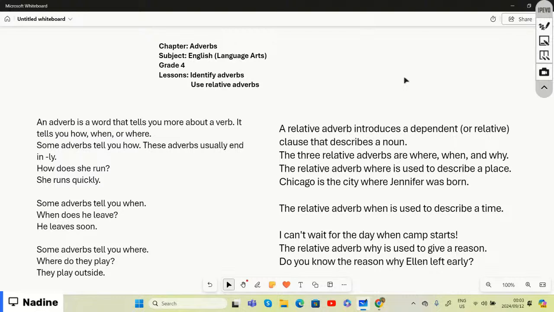The lessons that we are going to be focusing on under the chapter of adverbs are to identify adverbs and to use relative adverbs.